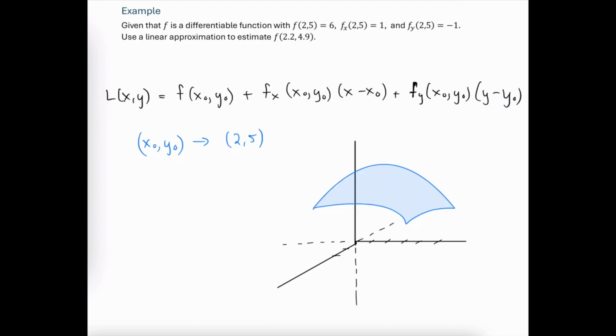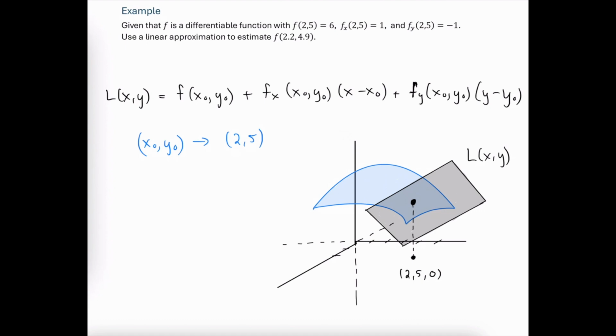Now again, we do not have the equation for the surface function, but we can conceptualize it here. We're saying that our domain element is 2, 5. Again, we're in the floor here, so that's 0. So let's fly up to the surface here and get a tangent plane to the surface at that point. And we're calling this tangent plane the linearization of f at this domain element 2, 5.